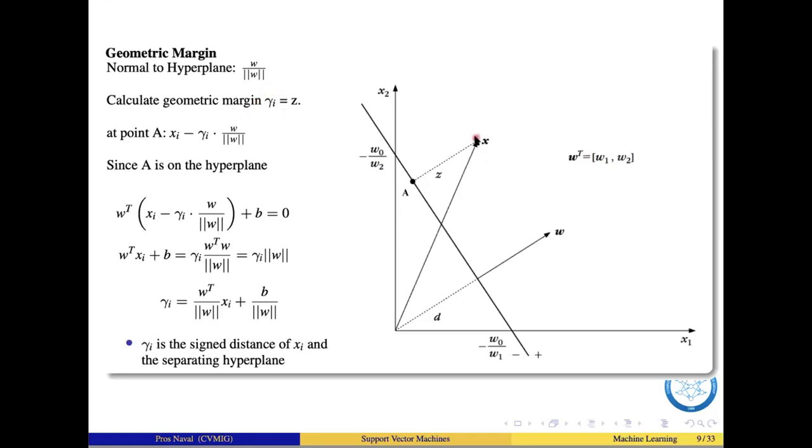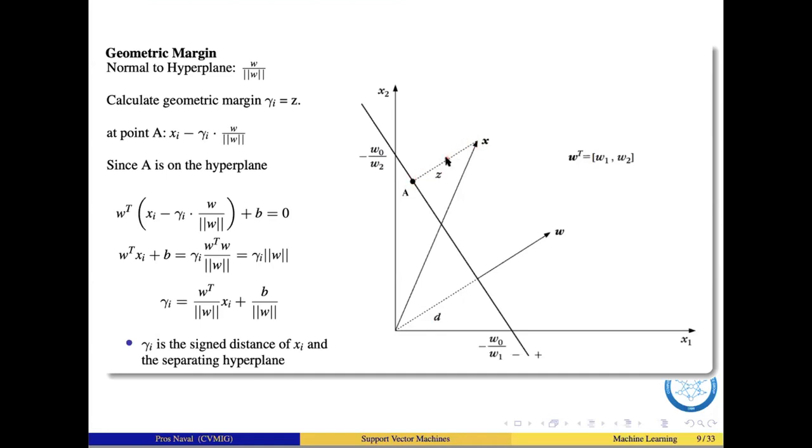Now at point A, which is this point here, which is the projection of your point xi on the hyperplane, we have the following. So this point A is xi minus this vector here.